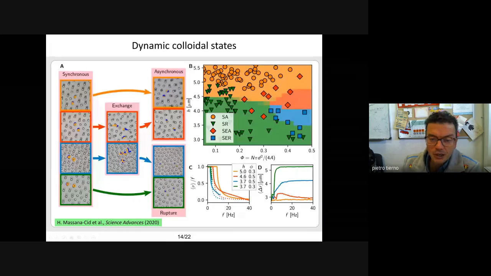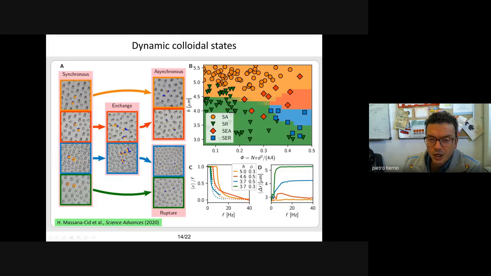Then there is the red pathway, which is the transition from synchronous to exchange to asynchronous. So the dimers break down, but then they recombine again, and they slow down their dynamics. These are the red points located in this region of the state diagram where we characterize the elevation H, and this is the packing fraction.